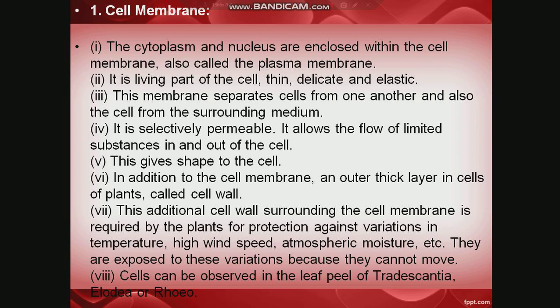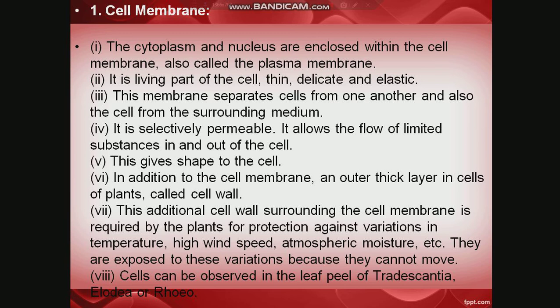And this cell membrane or plasma membrane is a living part of the cell, and it is very thin, delicate and elastic. This membrane separates cells from another cell and also the cells from the surrounding medium, and it is selectively permeable, which means it will allow only selective solutes to pass through. It allows the flow of limited substances in and out of the cell, and this gives the shape to the cell.